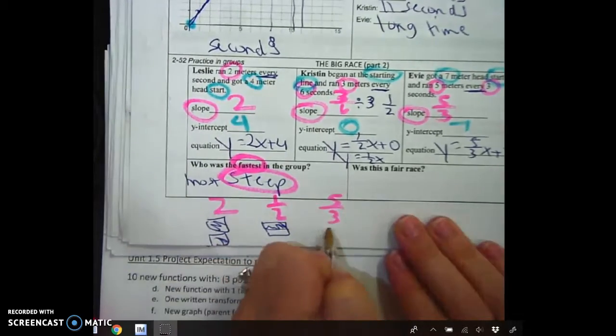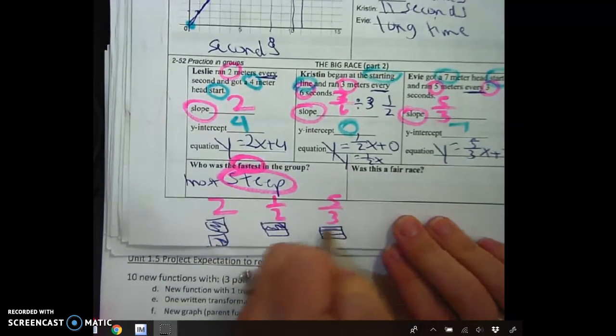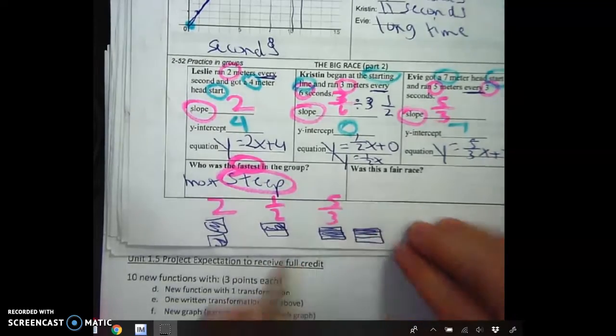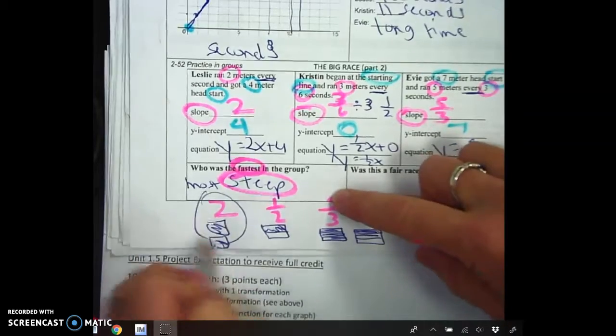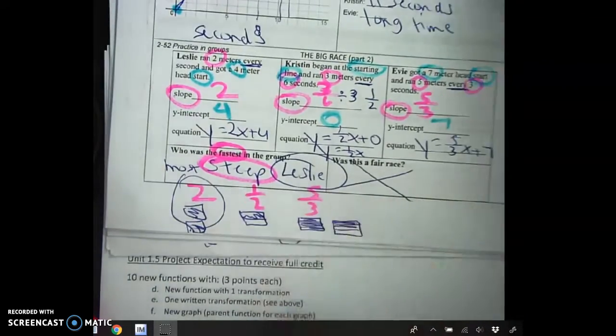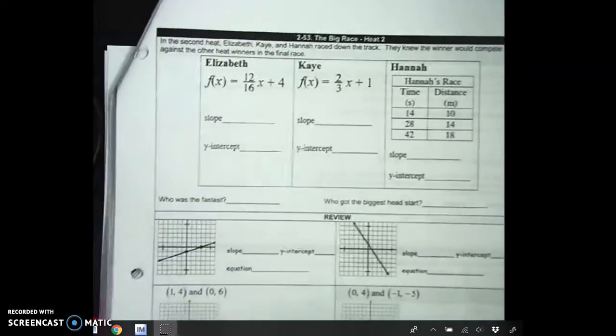Half a pizza. 1, 2, 3, 4, 5. So the fastest was here, number 2, and that's Leslie. Okay, and I don't care about this. All right, let's go to the next page.